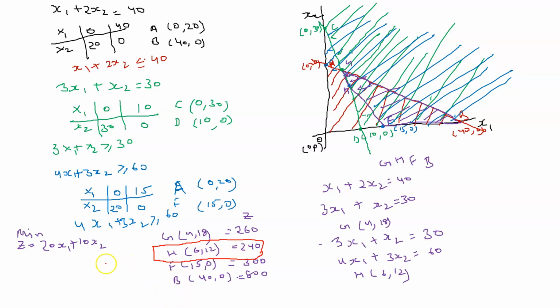So we can write that the objective function has its minimum value at the point H, where x1 is equal to 6 and x2 is equal to 12, and the minimum value of z is equal to 240. So this is our solution for this linear programming problem.